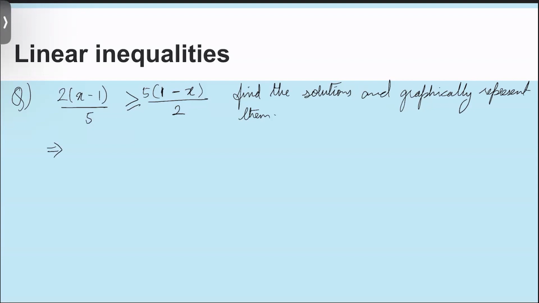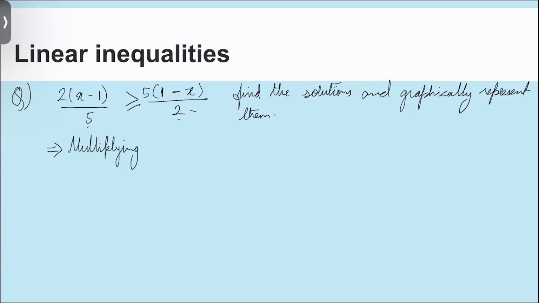Okay, so now we first need to get the linear inequality in the simplified form. We want to take out the denominators on both sides. So what we can do is multiply both sides with 5 and 2.